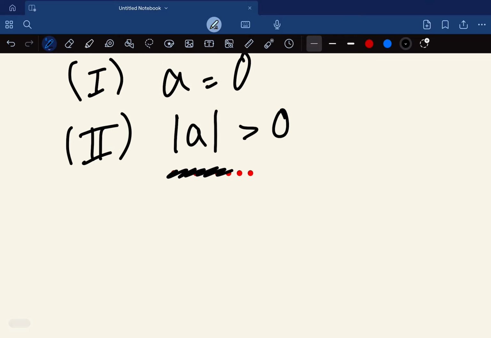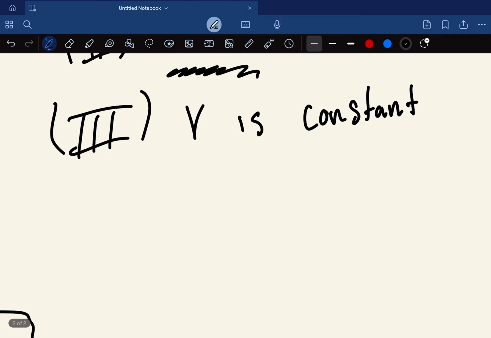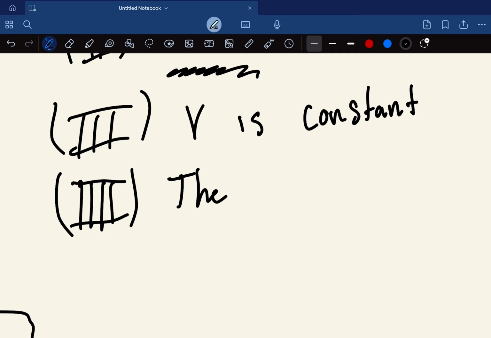3, v is constant, and 4, the object is at rest.